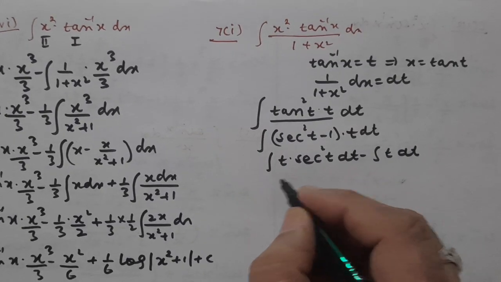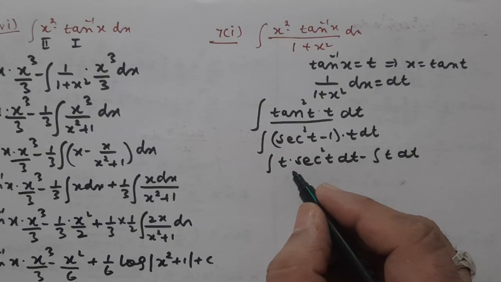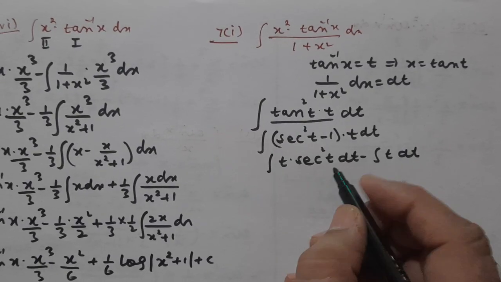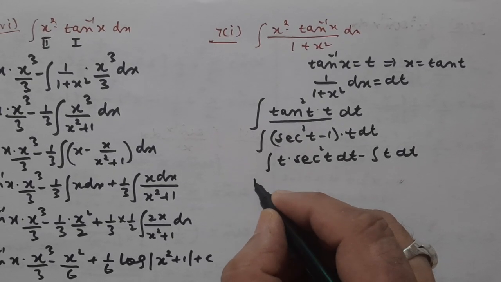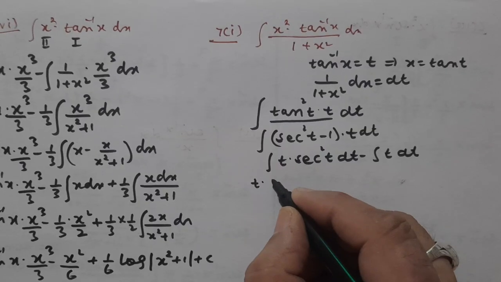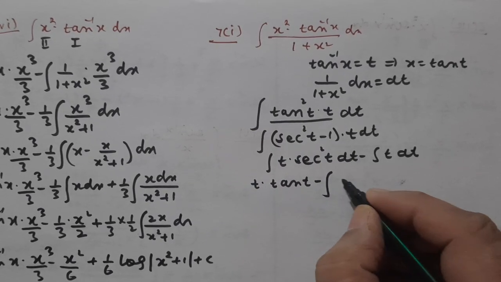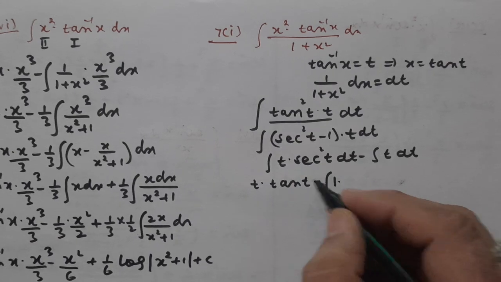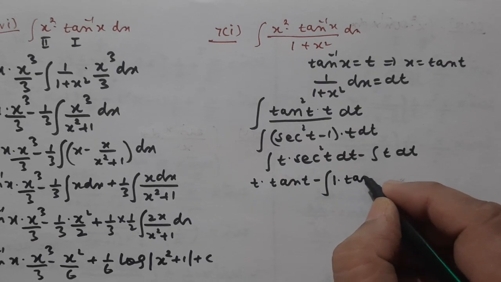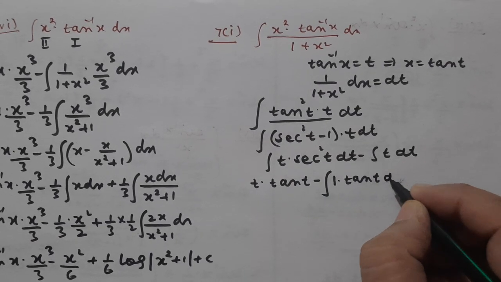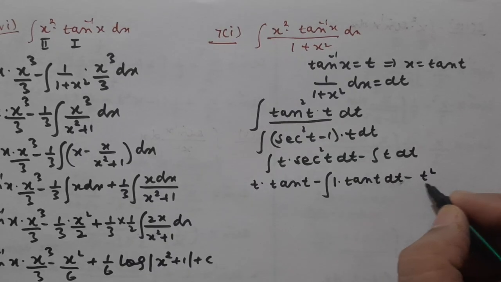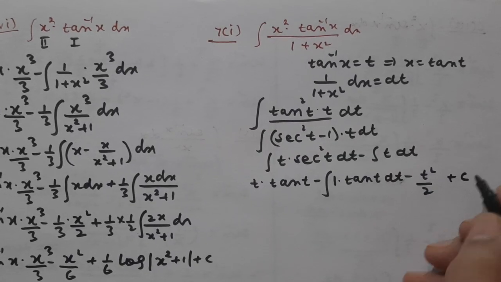Now integrate. Now use again by parts. So we take first function t, integral of secant square t is tangent t, derivative of first is 1, and integral of secant square is tangent t dt, minus t square upon 2 plus c.